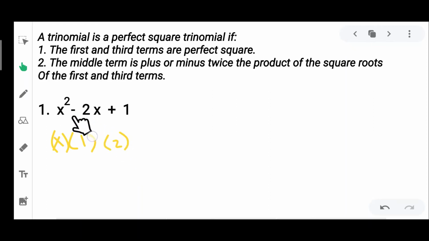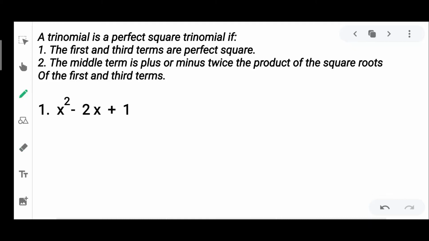Okay, so it can be negative or positive. Sabi nga dito, plus or minus. So, ibig sabihin, since our first term is perfect square, the third term is also perfect square, and the middle term is twice the product of the square root of the first and the third terms. Therefore, ito ay perfect square trinomial and we can easily factor this.